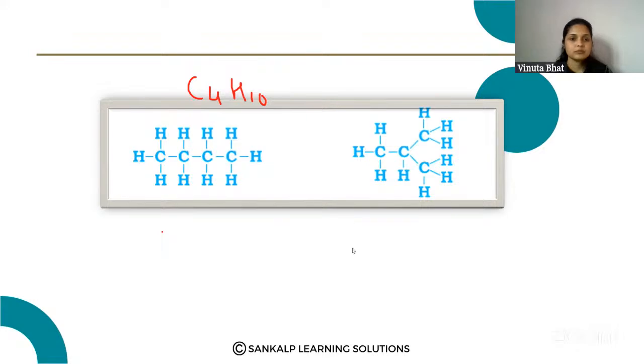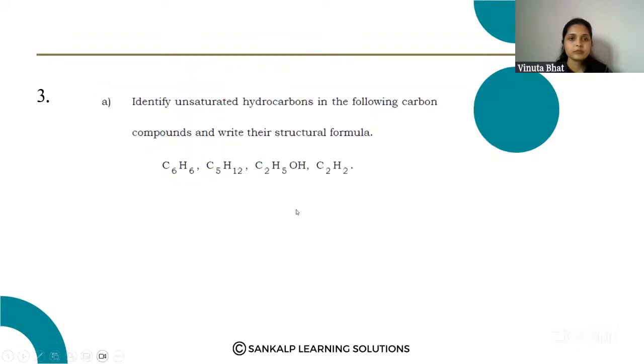Next question. Identify the unsaturated hydrocarbons in the following carbon compounds and write their structural formula. Unsaturated hydrocarbons means those having a double bond. Here, C6H6 is the formula of benzene, which has double bonds, so that is an unsaturated hydrocarbon.